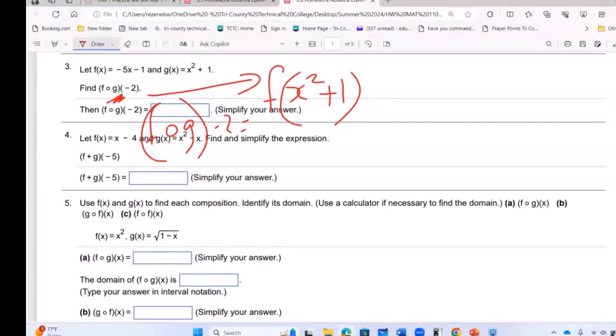And that means wherever I see x in f, I'm going to bring down the value of f. So this is -5. You see, I see x here, so I'll put g there. And what is g? X squared plus 1.